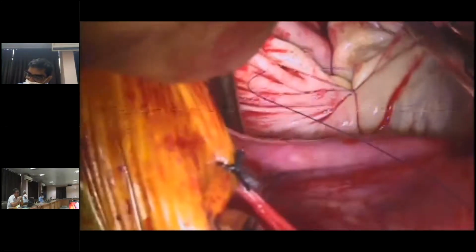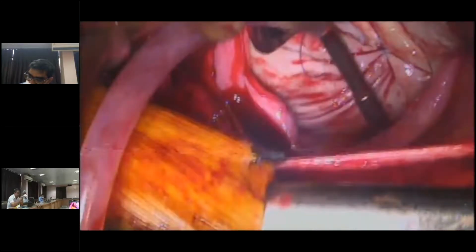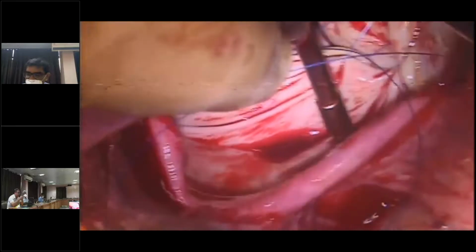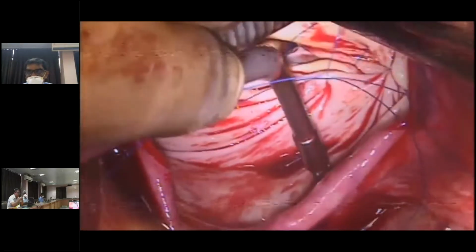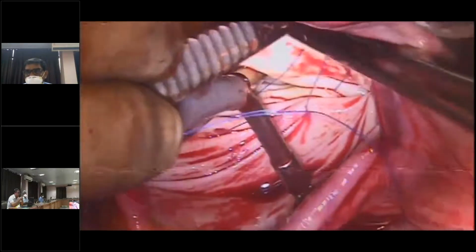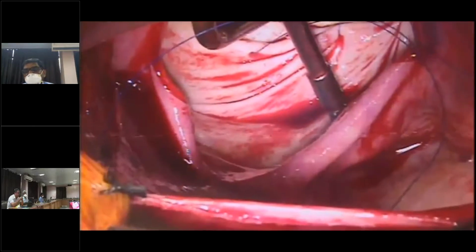So in this case, we usually what I do is do plication between the pulmonary veins. In this case, there was para-annular dilation also, but that para-annular dilation was dealt with plication of the left atrial appendage.